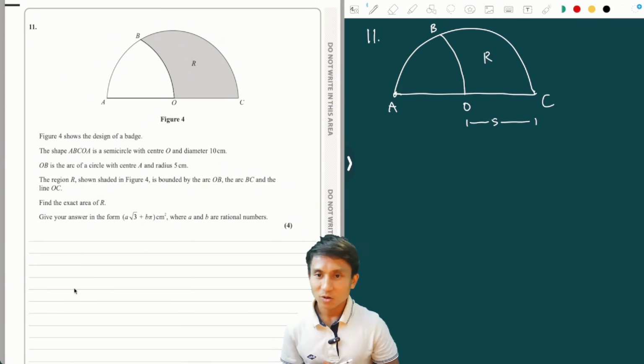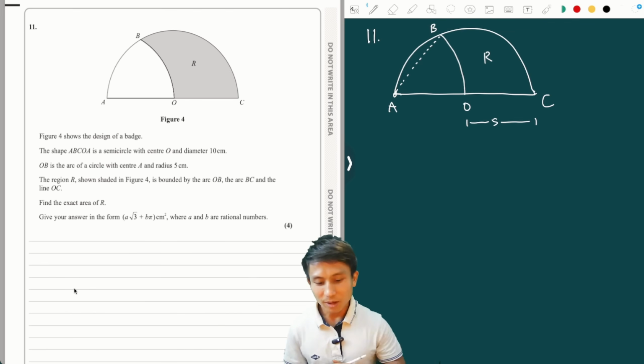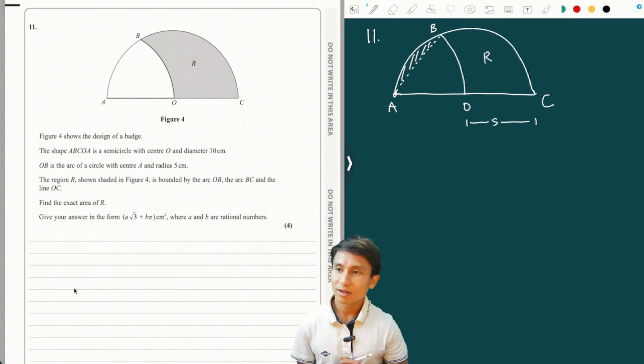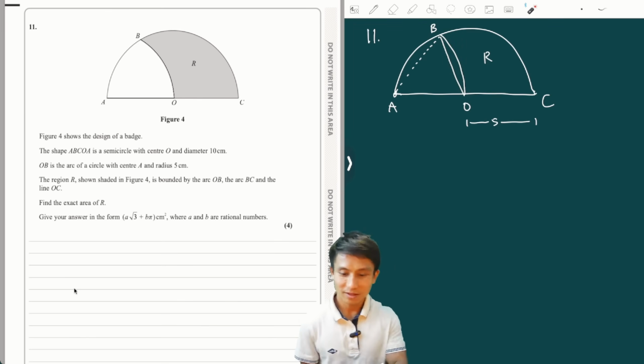But this is just partial, from the other circle. So we probably need to draw a line. Whenever you see this, maybe draw some line here like that. And we might want to find this area here first. Okay, how do we do that? Well, if we draw another line here, you can see that this would be called a segment area.